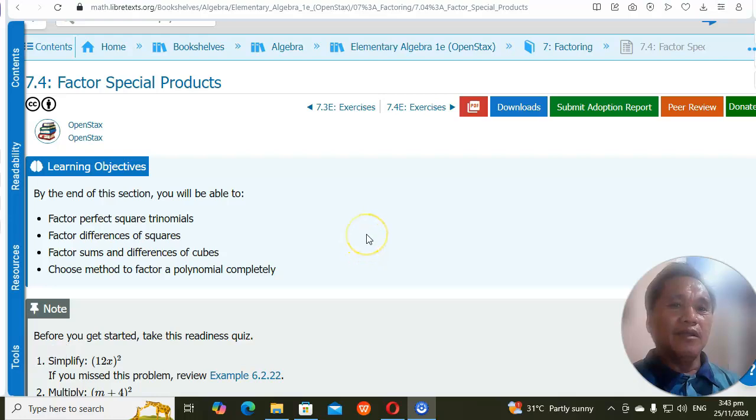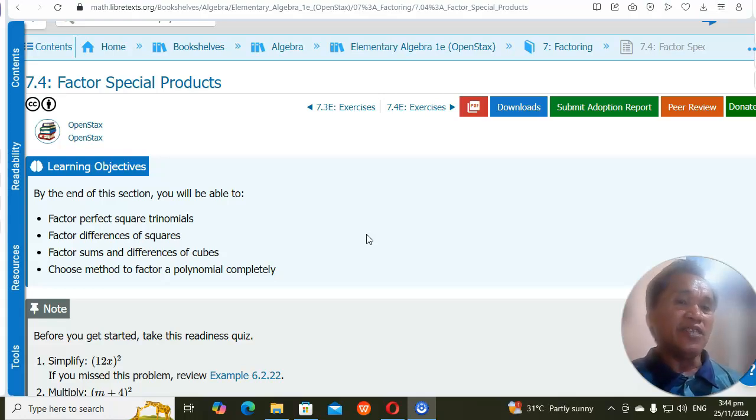Well, last time we were discussing the properties of equality, in which you should have a background knowledge of the properties of equality, since this will guide you in operating the operations of algebraic expressions, the fundamental operations.